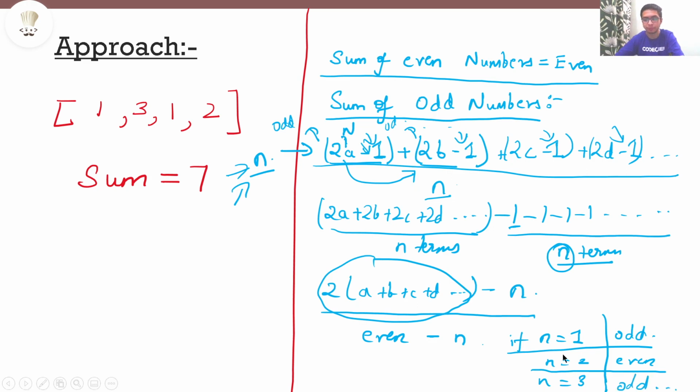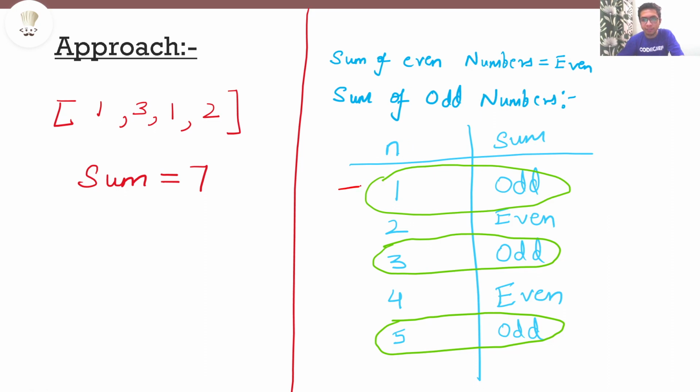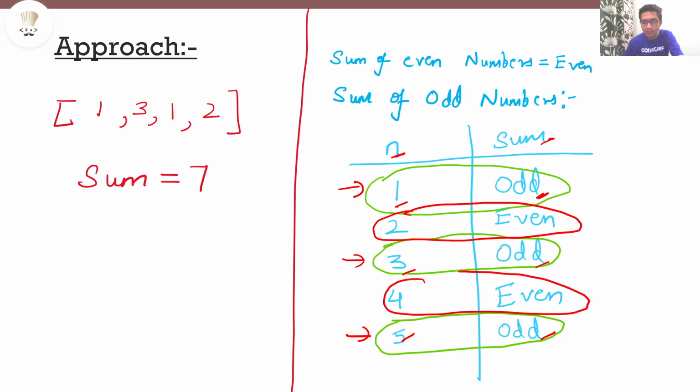And so on. So we can see that if the number of terms is odd, as in these 3 cases where n is 1, 3 or 5, the sum is odd, which means that if n is odd, then the sum is also odd. And similarly, if n is even, like in these 2 cases, then the sum is also even. So if the number of terms is odd, then the sum is odd, and if the number of terms is even, then the sum is even.